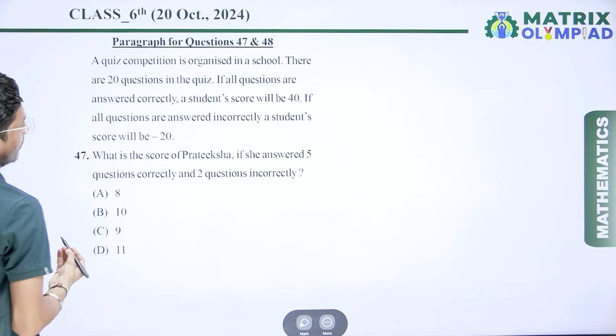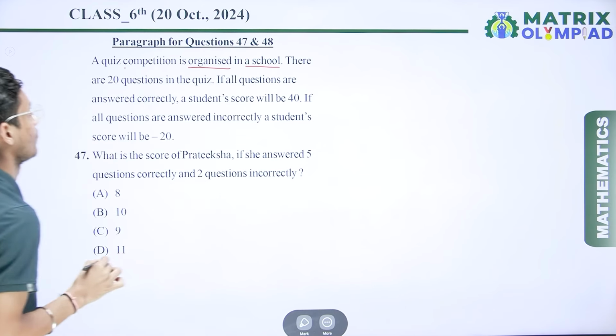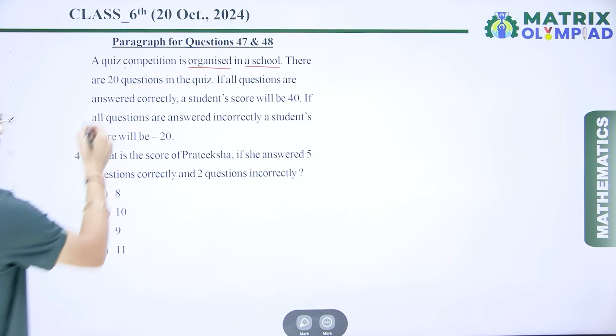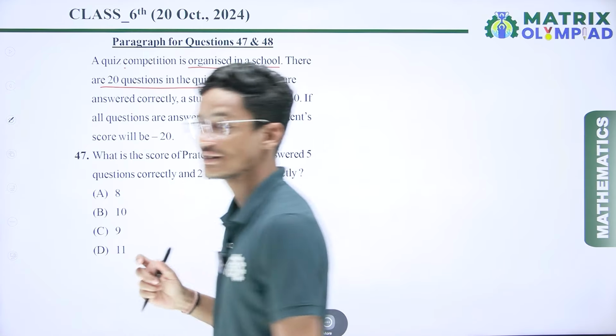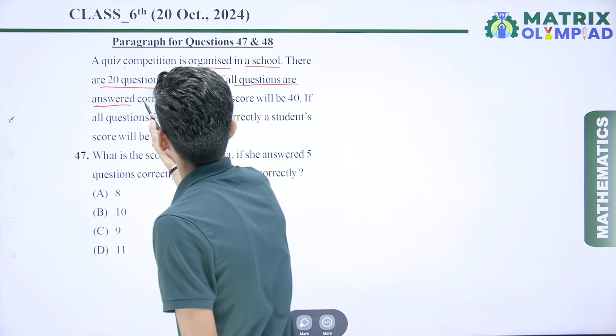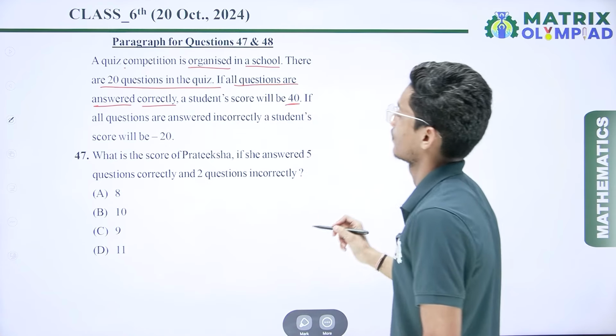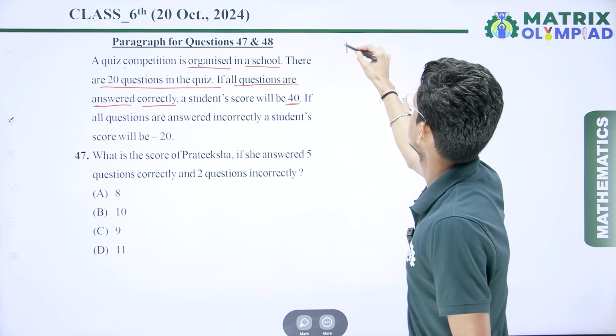Here we have given a paragraph: a quiz competition is organized in a school. There are 20 questions in the quiz. If all questions are answered correctly, a student scores 40.